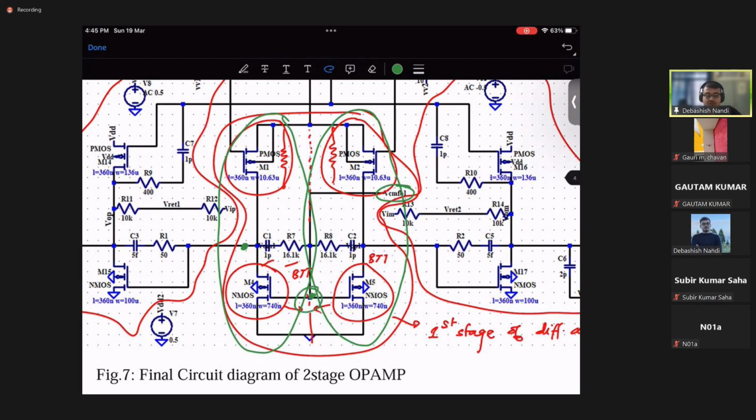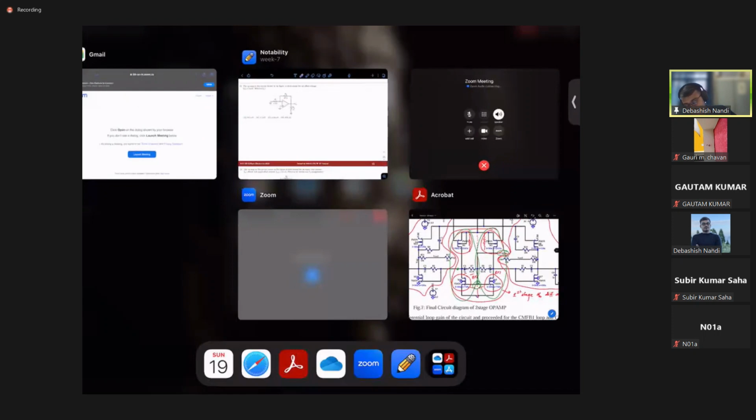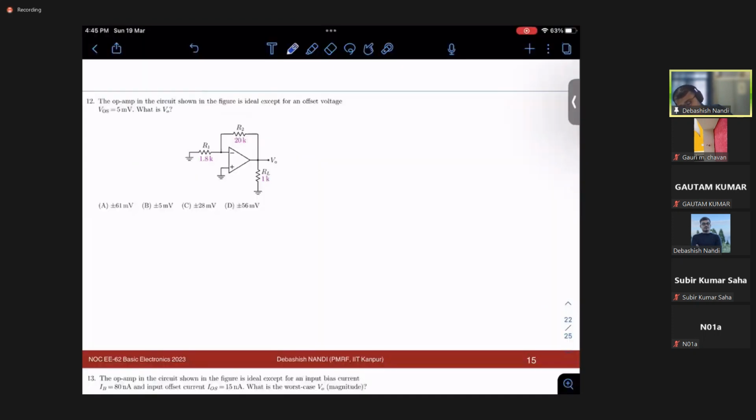so now if I go back to this circuit, how can you take care of this offset voltage? You can simply assume a voltage difference between these two nodes.